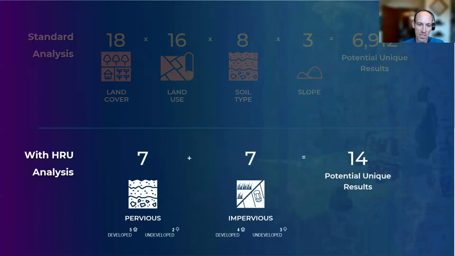If you take the crosswalks that were developed through EPA, through the MS4 permit, through a lot of work that preceded anything that we did, you can condense those 7,000 results down to a much more manageable number of about 14, which are divided up into different combinations of pervious and impervious surfaces, and different types of developed and undeveloped land use, land cover combinations.